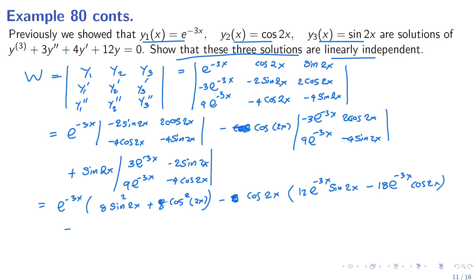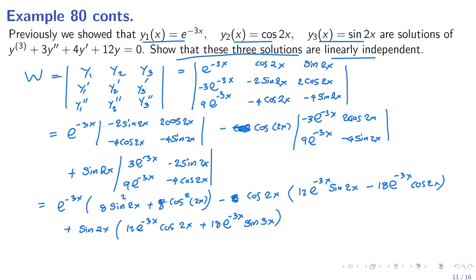And then from the last one we get sine 2x times 12 e to the minus 3x cosine 2x plus 18 e to the minus 3x sine 2x.